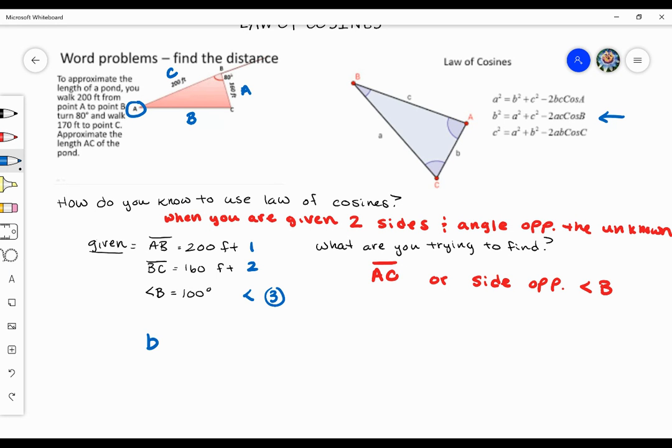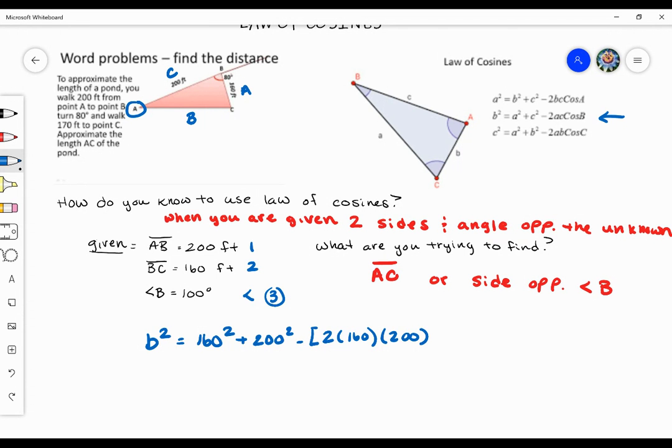So we've got B squared, which is the unknown, equals side A, 160 squared, plus side C, 200 squared, minus, put this in brackets, 2 times 160, basically your two sides that you do know.